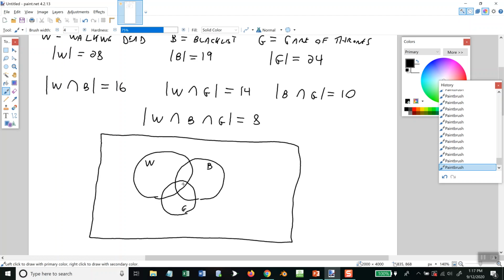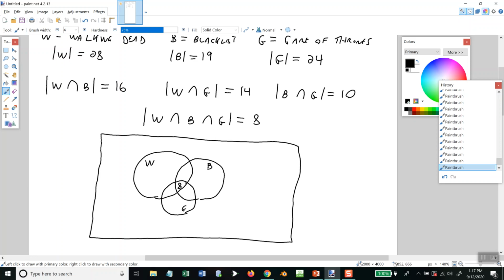This would intersect with this, with here, and then that's where they all intersect. Well, they tell us this is 8. That's where all 3 intersect.